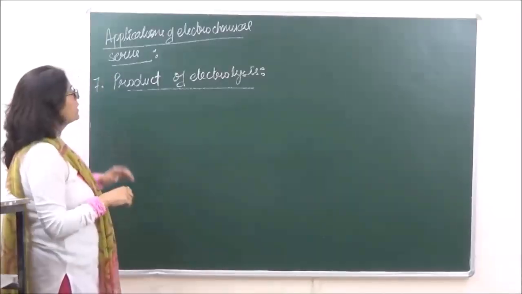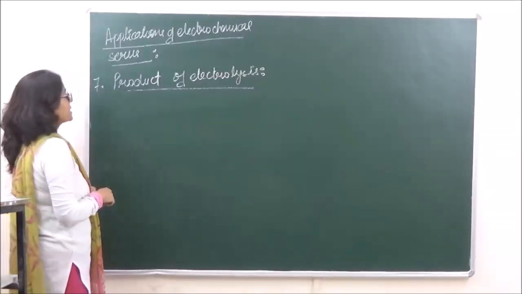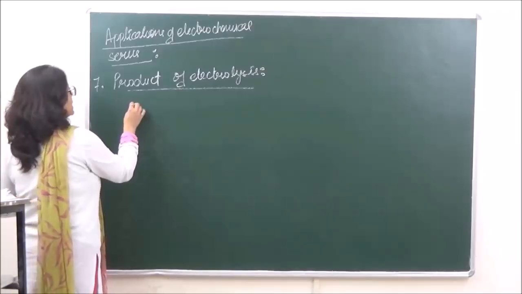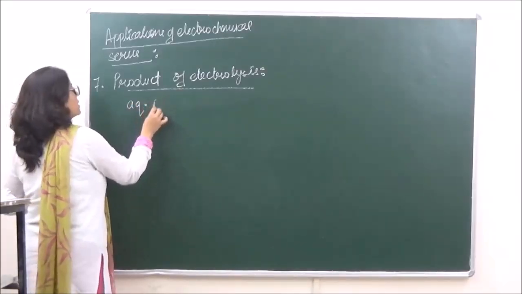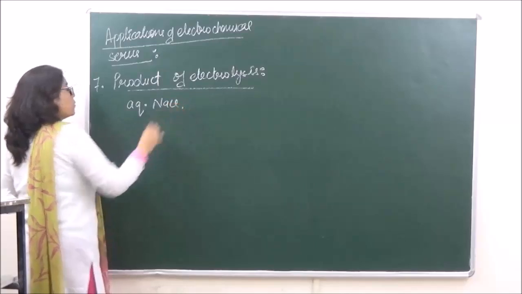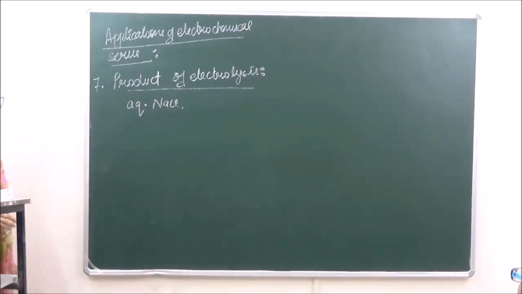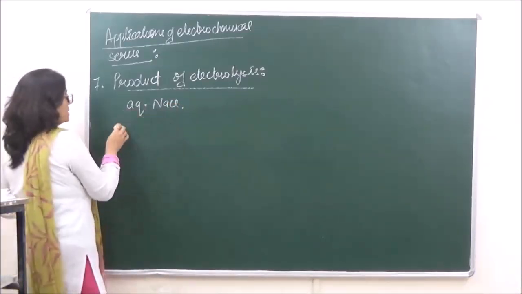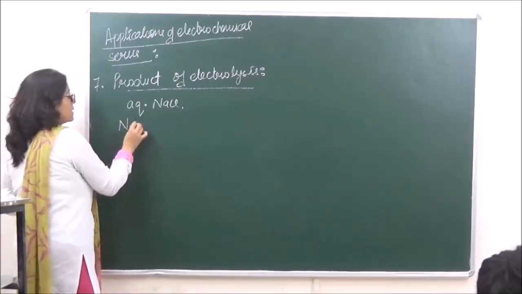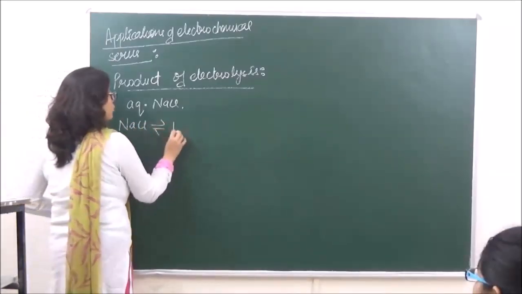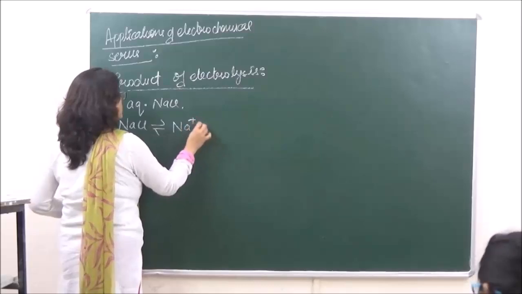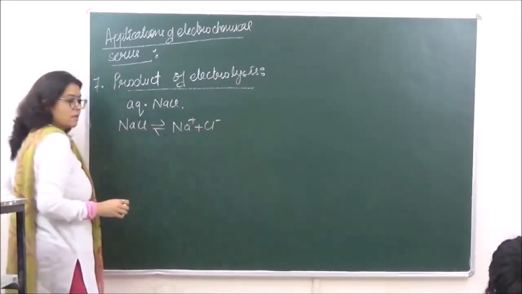So when we are doing that, for example, let's take the electrolysis of aqueous NaCl. That is going to decompose into Na positive plus Cl negative.